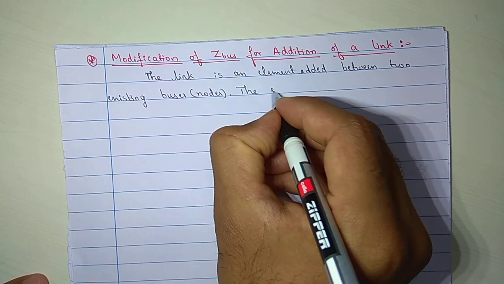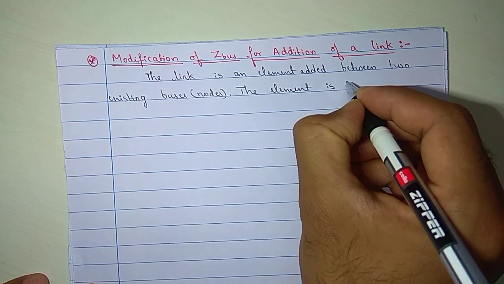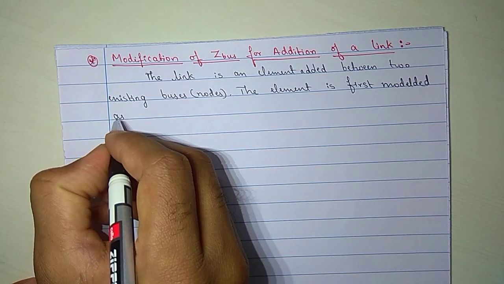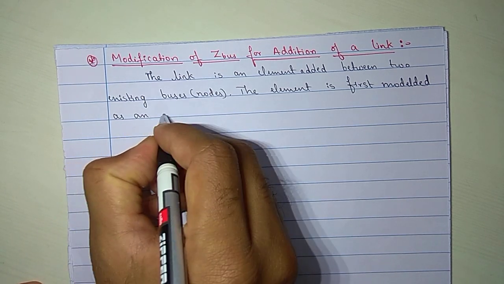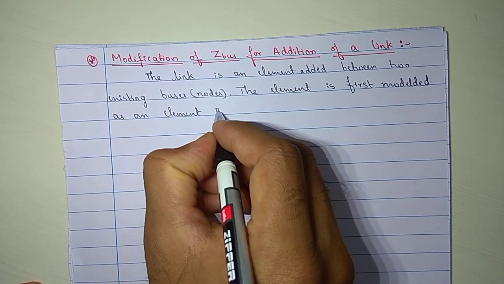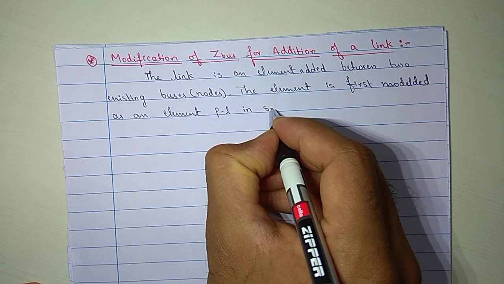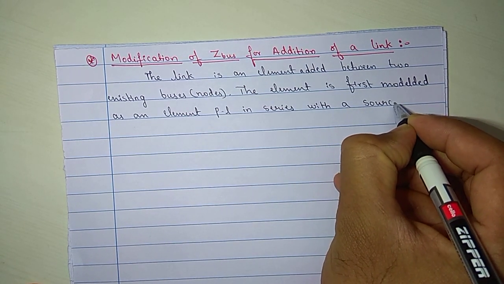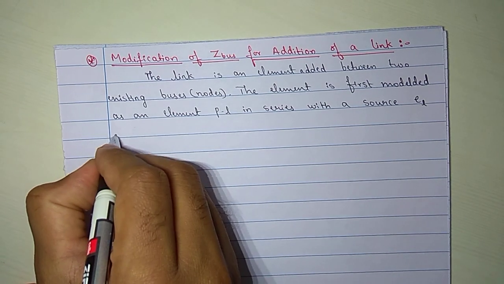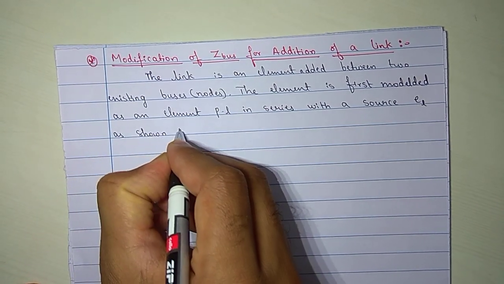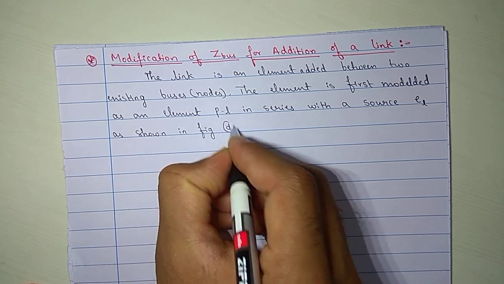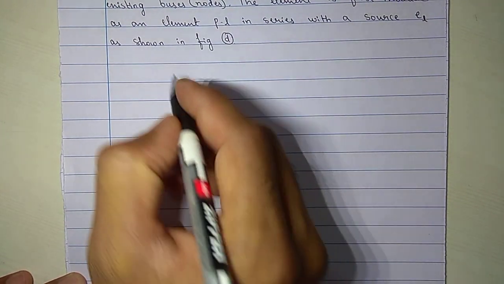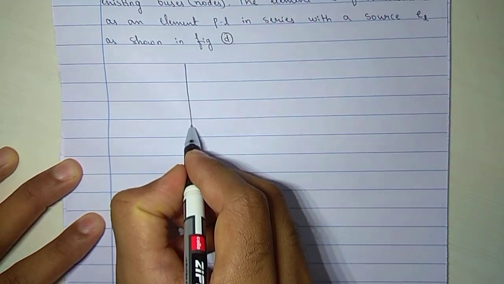Okay, the element is first modeled as an element PL in series with a source E suffix L, as shown in figure D. So for addition of a branch, we have named it as figure C. So here we are assuming that it is figure D. So this figure D is very much important.